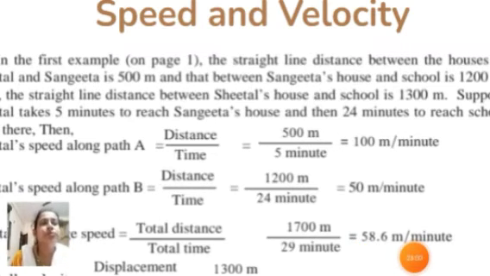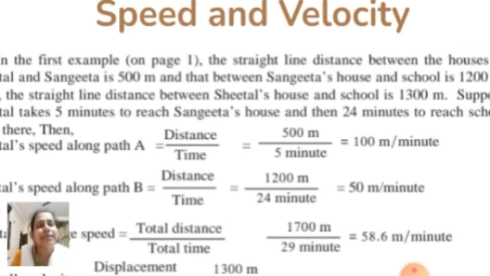distance upon time would be, distance is 500 meters, that is from Sheetal's house to Sangeeta's house, and she takes around 5 minutes. Therefore, distance upon time would be 500 upon 5 minutes, which comes to around 100 meters per minute. So she is traveling very fast, 100 meters in 1 minute. Now, second thing, path B, that is from Sangeeta's house to school.